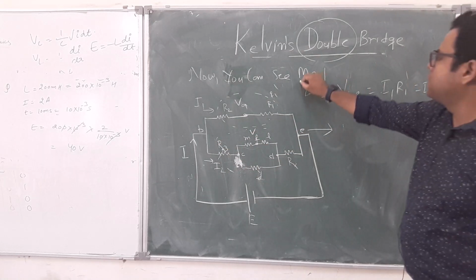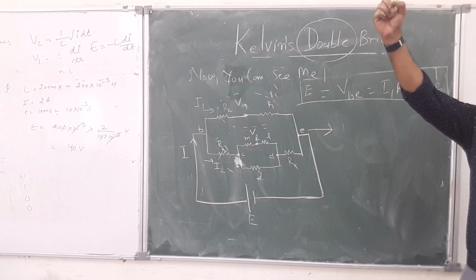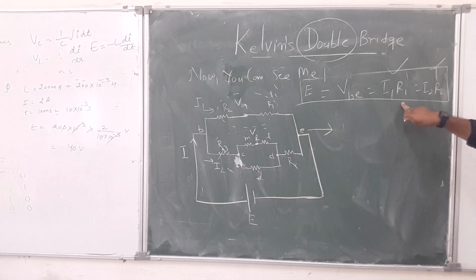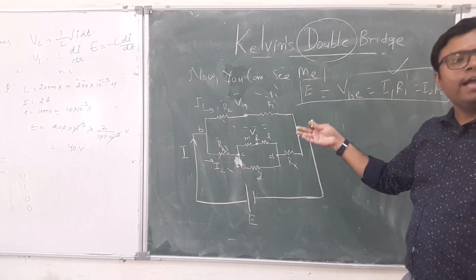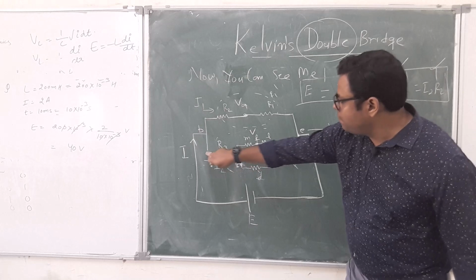So the first thought is this. This was my first thought in the Wheatstone bridge also, and I took these two terms. I took the condition that I1 into this resistance is equal to I2 into this, and then I expressed I1 in terms of VB minus VA, and I2 in terms of VB minus VF.